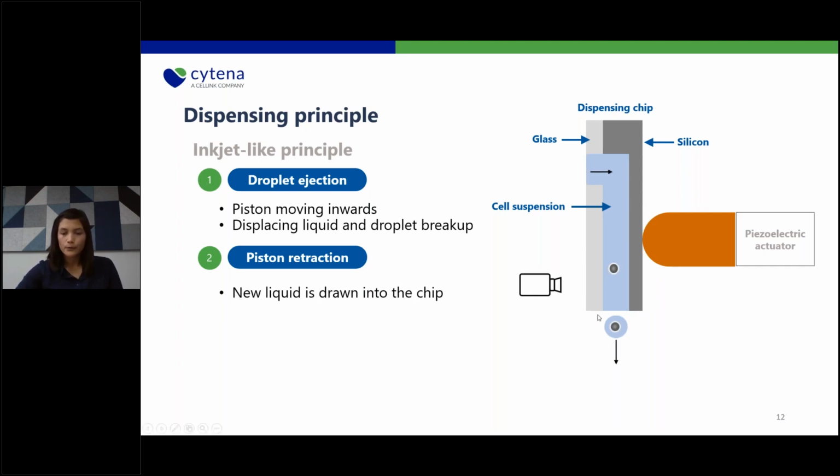And also the lower end, where the nozzle is, is imaged. With that technology, you have very low shear forces, so we can provide high cell viability after dispensing the cells.